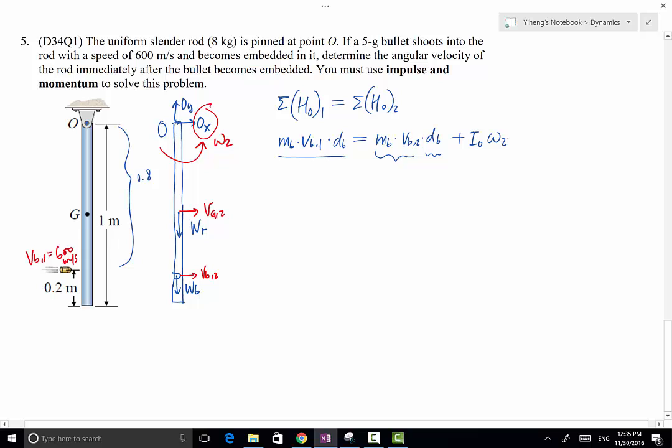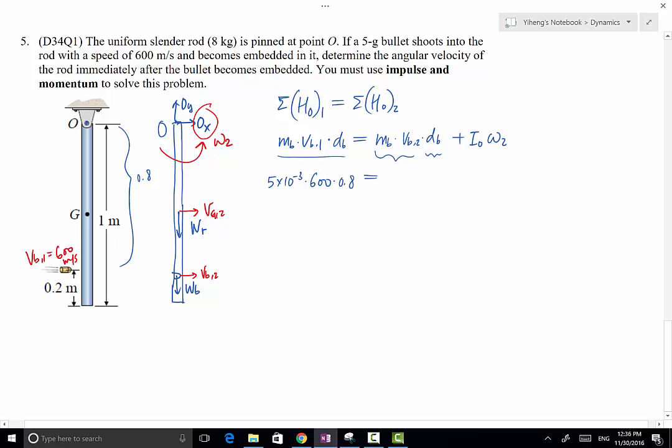So now let's substitute numbers in. Initially, the mass of the bullet is 5 grams, so 5 times 10 to the negative third power kilogram to be consistent with units. V_B1 equals 600 meters per second. d_B equals 0.8 meter.